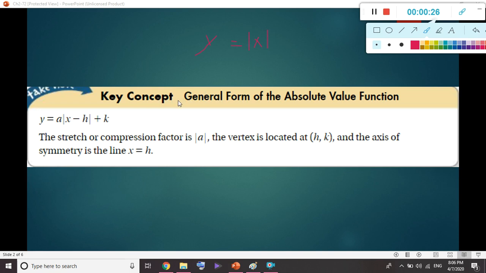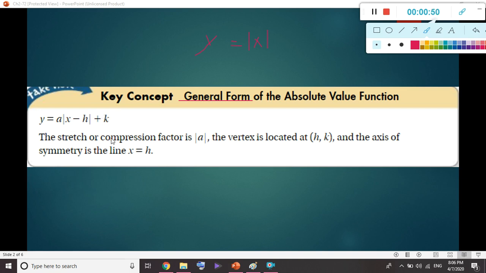But here we're talking about the general form of the absolute value, which is y equals a times the absolute value of x minus h, plus k. Here a is the coefficient for compression or stretching, h is the horizontal translation, and k is the vertical translation.